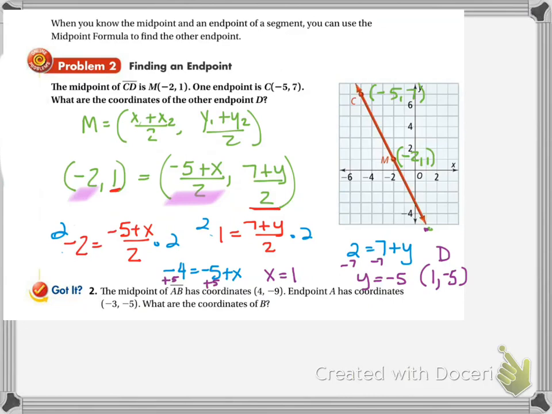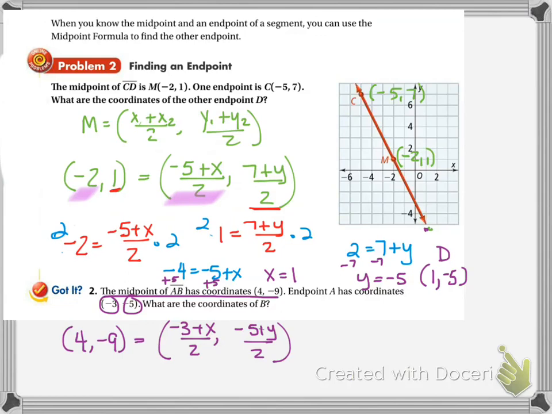So if we look at the second one, we don't have a graph for this, but we don't need one because remember the midpoint, with y value negative 9, is going to equal the x values, so negative 3 plus the x value we don't know divided by 2. And then the y value that we know is negative 5 plus y divided by 2.